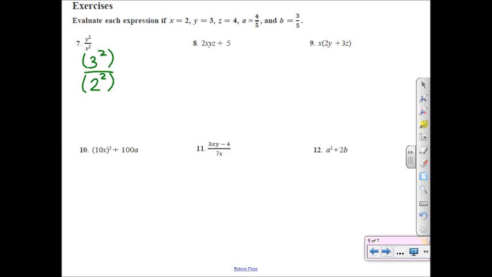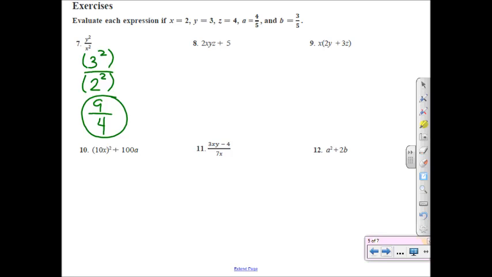So 3 squared is 9, and 2 squared is 4. And we can just leave it like that. You could actually do the division, and then you would find out that it was 2.25.